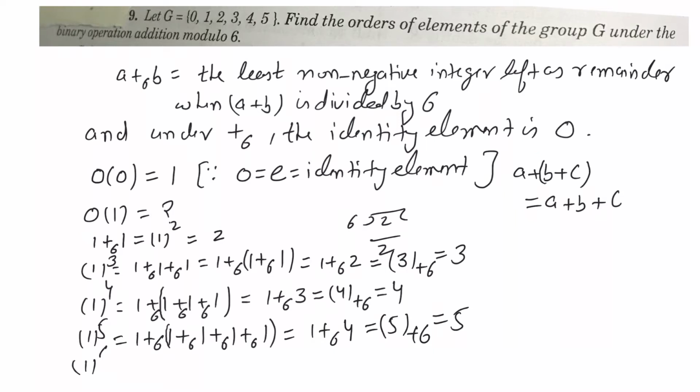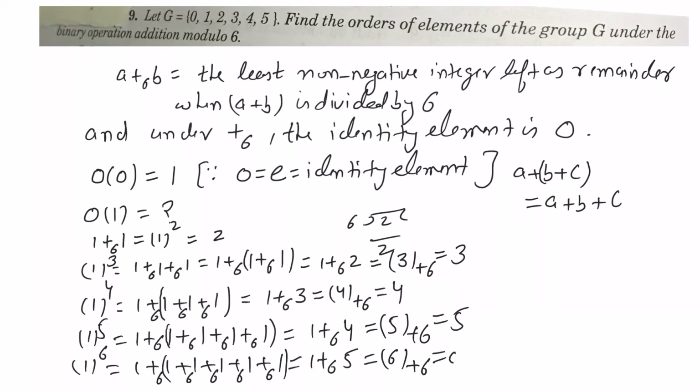Similarly 1 to the power 6 will be 1 plus 1 plus 1 plus 1 plus 1 plus 1 under addition modulo 6. For 5 we have the result 5, and 1 added to 5 gives 6, and under addition modulo 6 it is 0, since when 6 is divided by 6, we get the remainder 0.